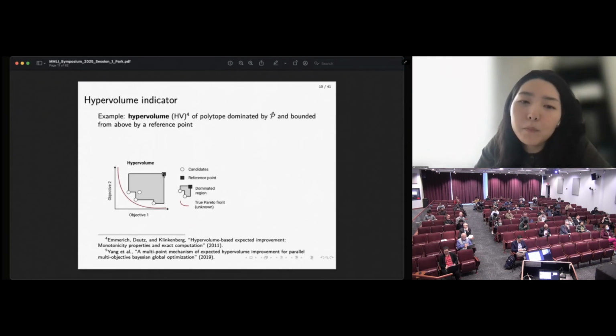This is the black square, which is often set as the worst possible solution of interest. So in 2D, the hypervolume is the shaded gray area. And as we obtain points closer and closer to the true Pareto front, which is indicated as a red curve, you can see that hypervolume would increase.